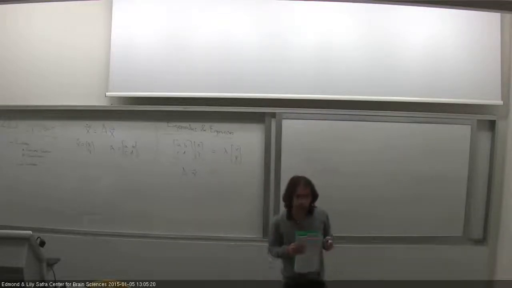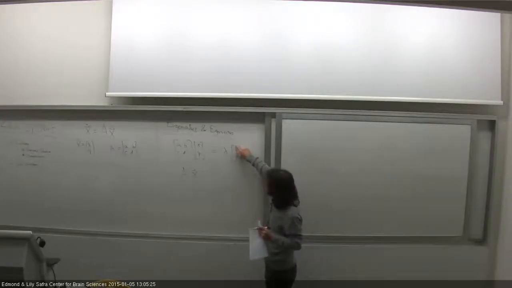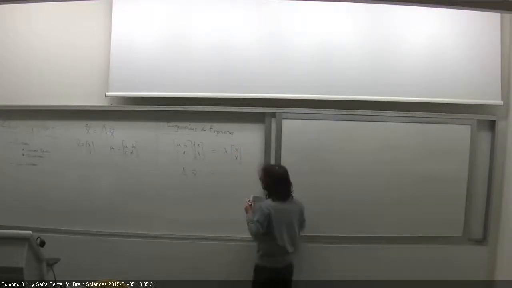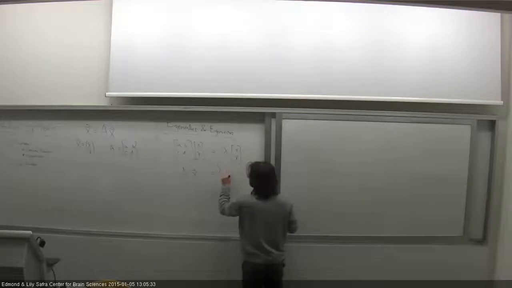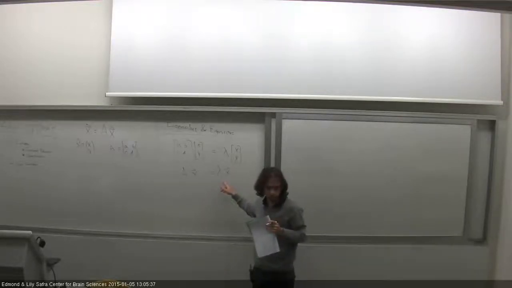Just in each position, in position 1 you'll get back x, in position 2 you'll get back y, but they will both be scaled by the same factor. So multiplying by this matrix is equivalent to multiplying the vector by some scalar.